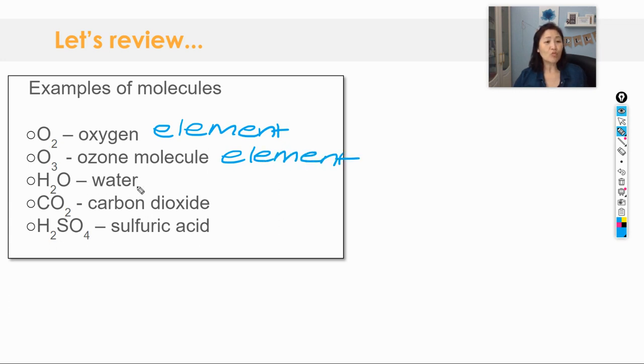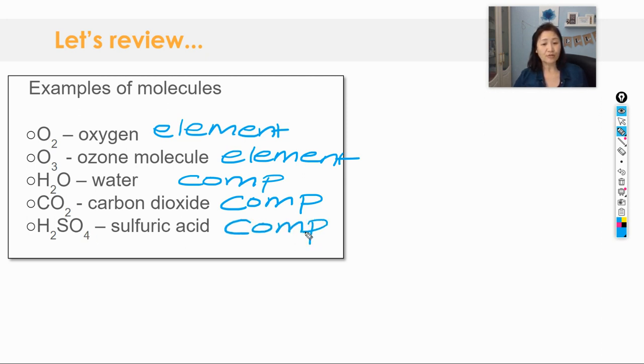H2O, the water molecule, and at the same time, it's a compound. CO2 is a molecule, and at the same time, it's a compound. H2SO4 is also a molecule, and it is a compound.